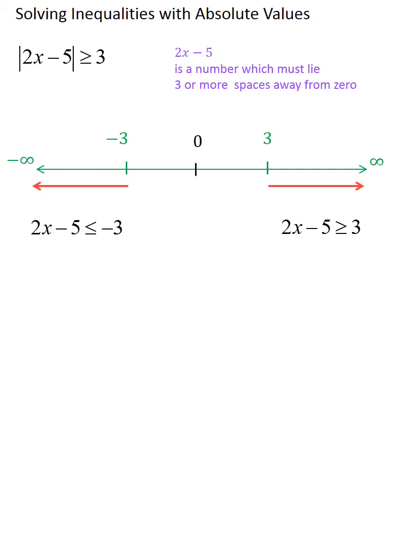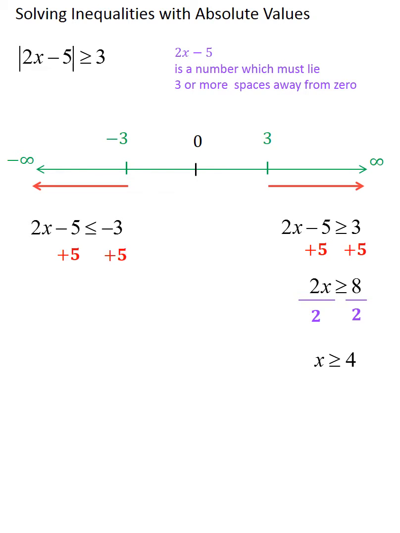And now that I've represented these two regions as inequalities, I can solve each one of them algebraically using some very simple algebra. This one, I can do all the algebra necessary to isolate the x.